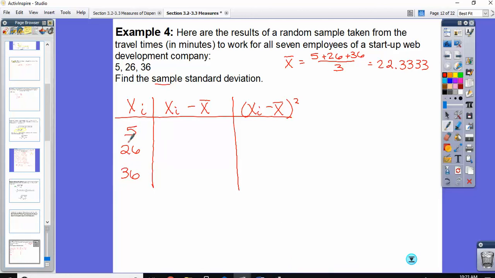So now I take my point, so 5, minus my mean, so minus 22.3333. Square that. And I'm just rounding to 4 decimals. So next one, my value is 26 minus the mean, 22.3333.